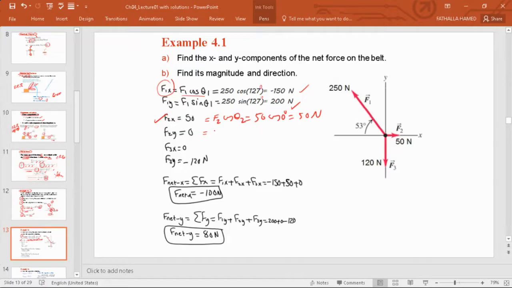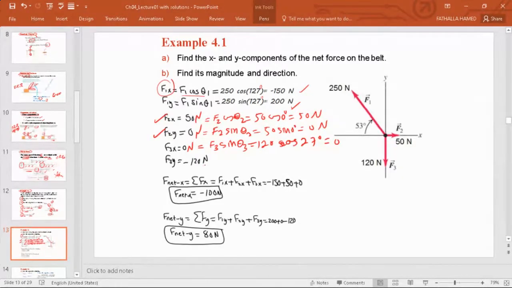For the F2y, it is F2 sine theta 2, which is 50 sine 0 degrees, and that will give you 0 newtons. The F3x should equal F3 cosine theta 3, which is 120 cosine 270 degrees, and cosine 270 is 0, and that's why you get 0 newtons here.